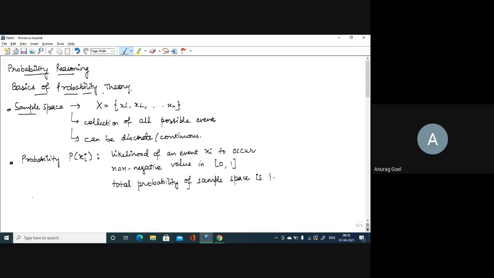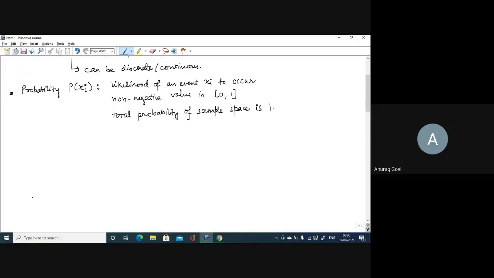Taking a simple example, if we consider the event of dice throwing, what could be the possible outcomes? 1, 2, 3, 4, 5, 6. These are the possible outcomes. This set of all possible outcomes is known as the sample space.